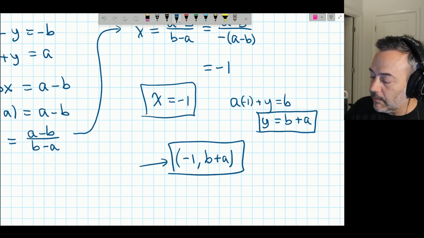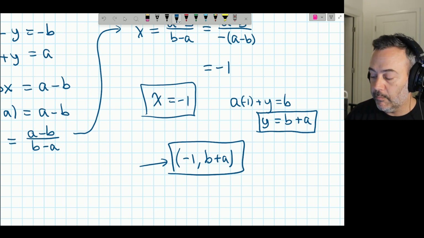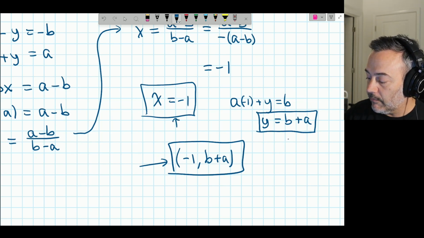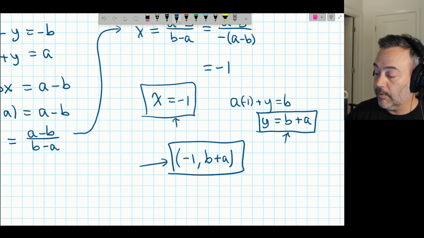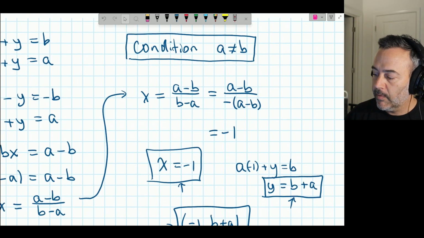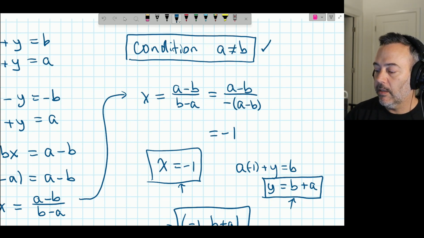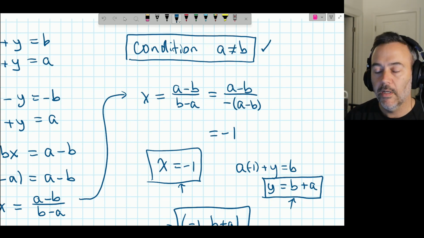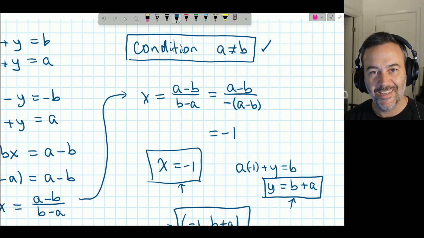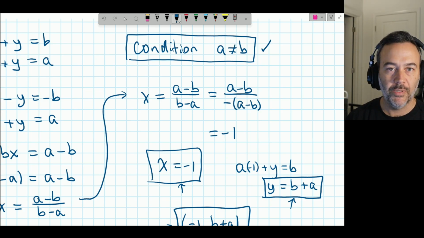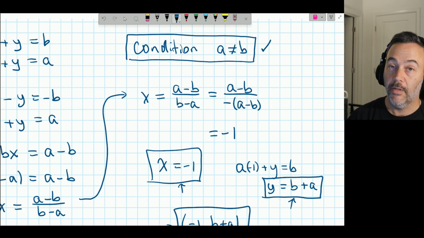So this is a nice way to represent the answer with the coordinate point. You can also sometimes, in different contexts, write out the x and y separately. Just be clear. And our condition was that this was only solvable with a unique solution if a is not equal to b. All right, hope this helped.